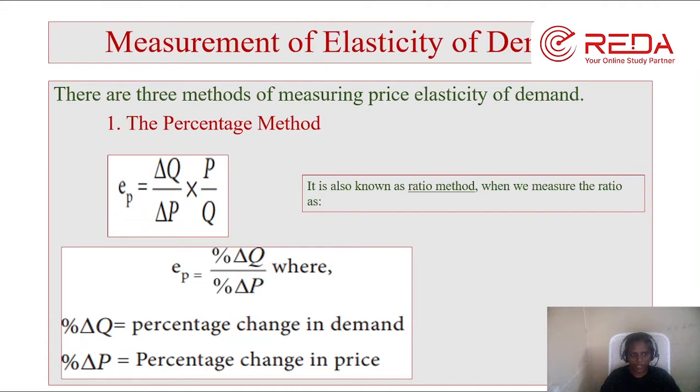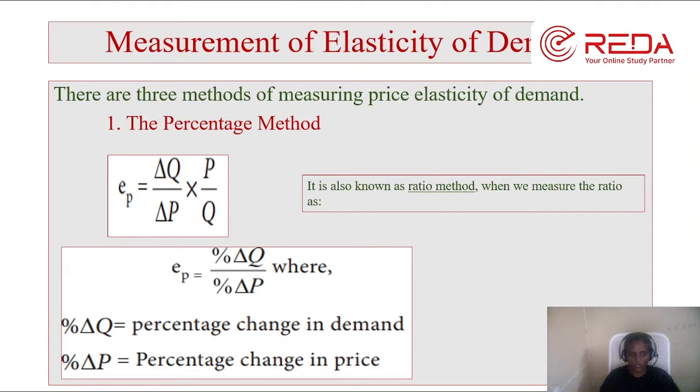Delta Q is nothing but the change in the quantity demanded, and delta P is the change in the price of the commodity. Here we include the percentage, which we call the percentage method, or we can also call it the ratio method.